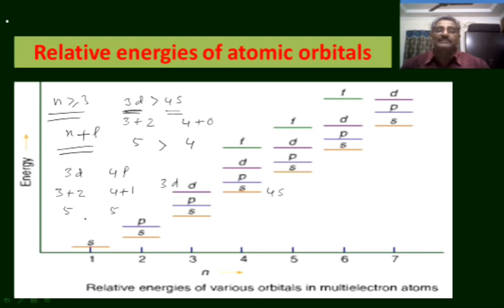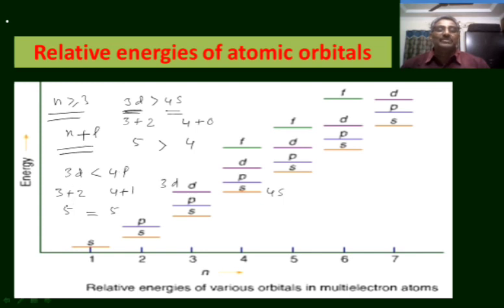This is also 5. 5 is equal to 5. It doesn't mean that the energy of the 3d orbital is equal to the energy of the 4p orbital. In such a case, that is, if the n plus l value of two orbitals is the same, then the orbital which has the lower n value has the lowest energy. So the energy of 3d is less than 4p.